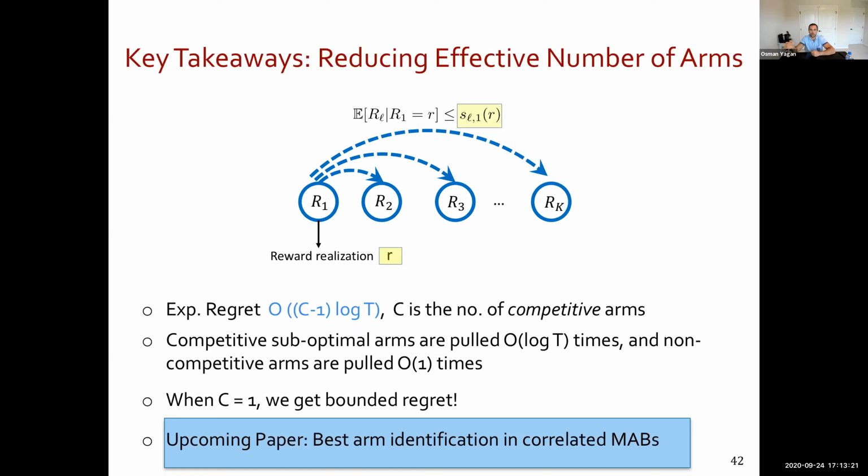I don't care how much regret I have, how much reward I get in the process, just look at the number of samples. And we recently came up with a way of solving the best arm identification problem in this correlated bandit case. There's an upcoming paper on that soon. I think we will upload it to arXiv. And for the structured bandit case, the best arm identification is still an open problem.